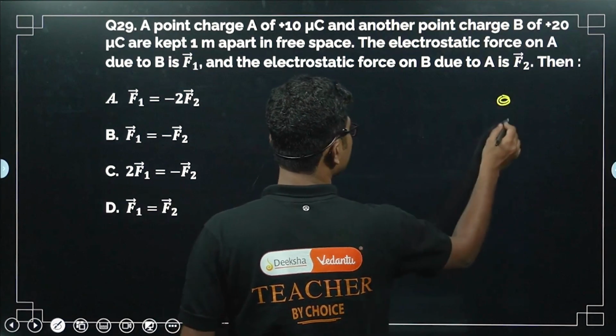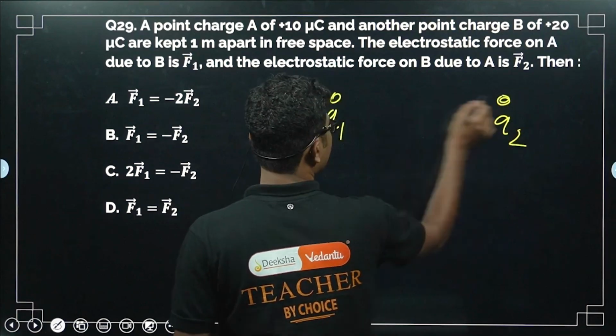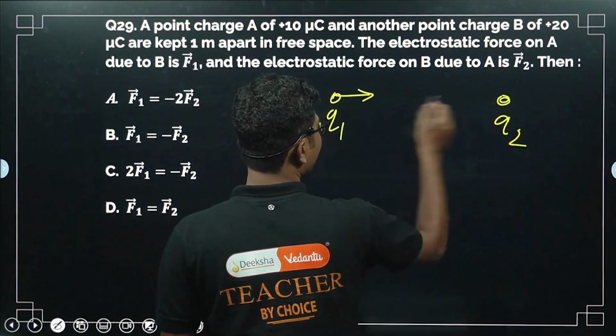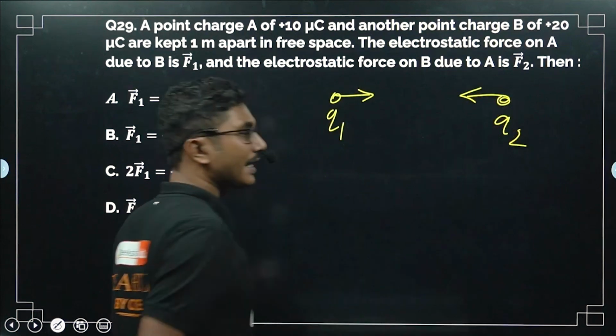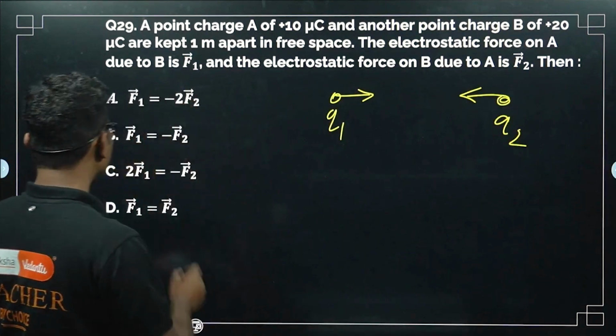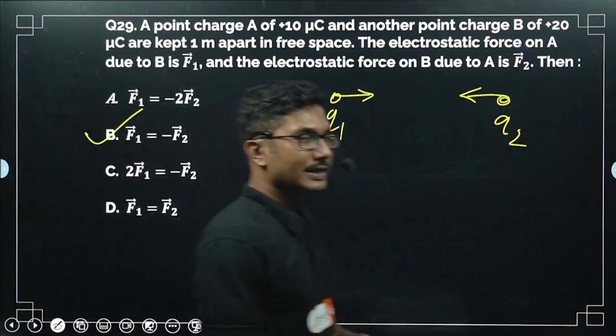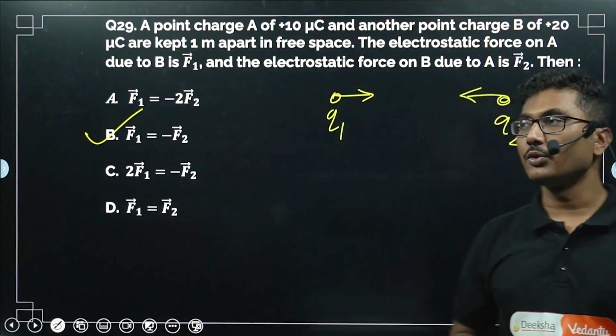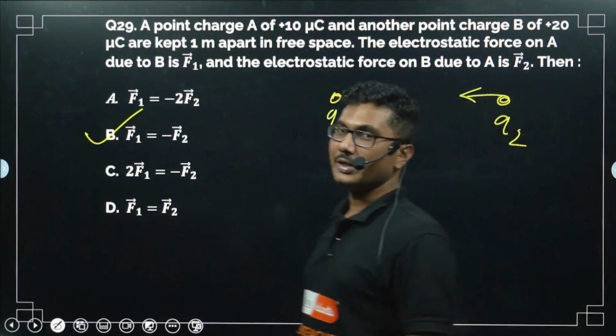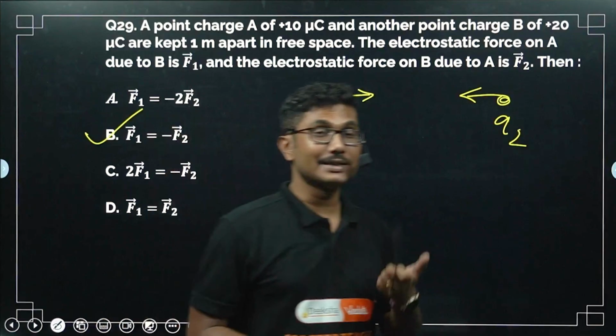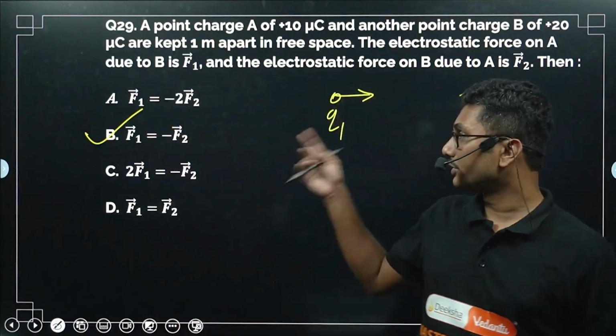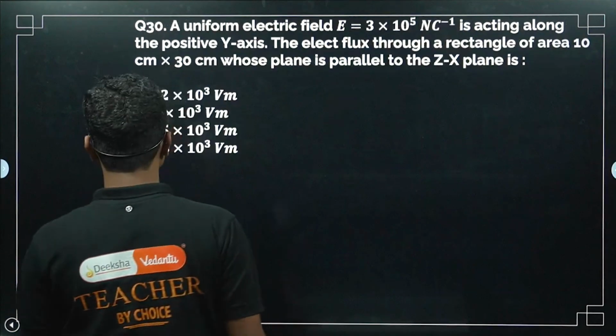If this is Q1, this is Q2, whatever force this is exerting on this, the same force it is exerting in the opposite direction. That is why F1 equals minus F2. Third law of motion, that is, each action has an equal and opposite reaction. Okay, so this is the formula for that.